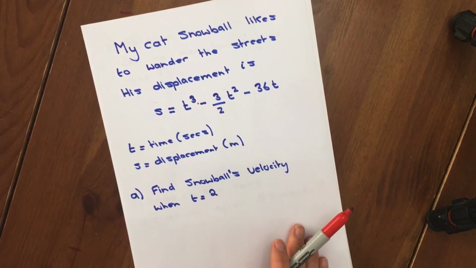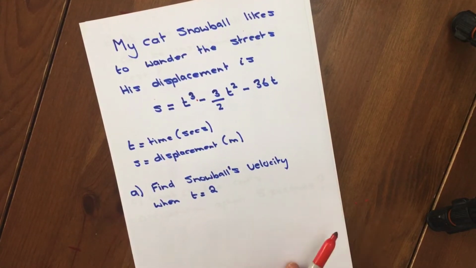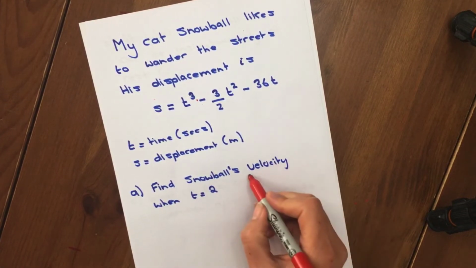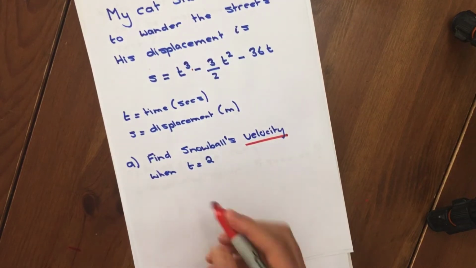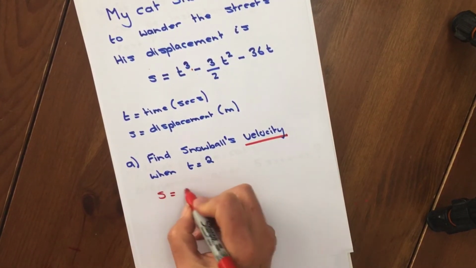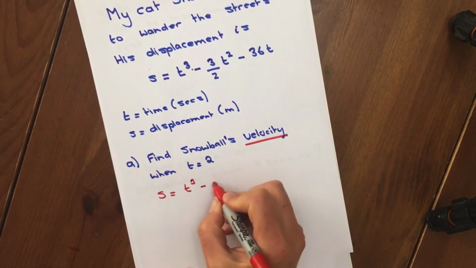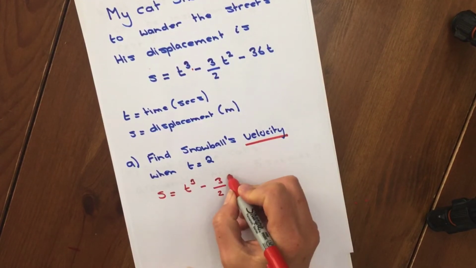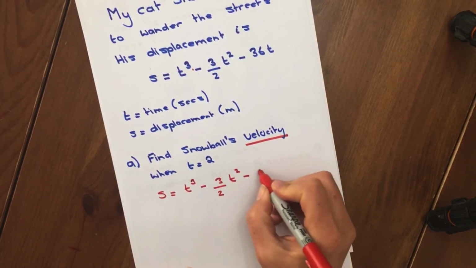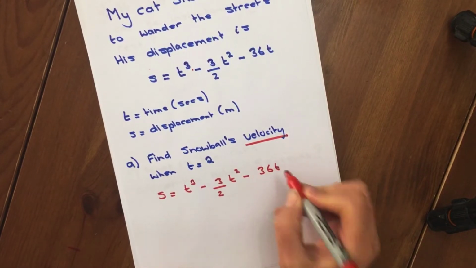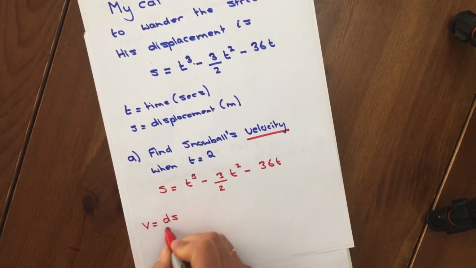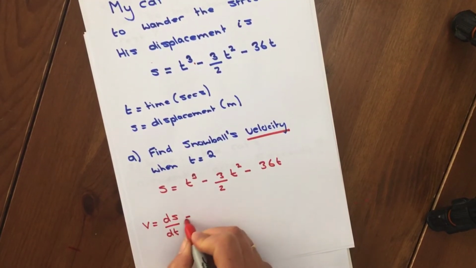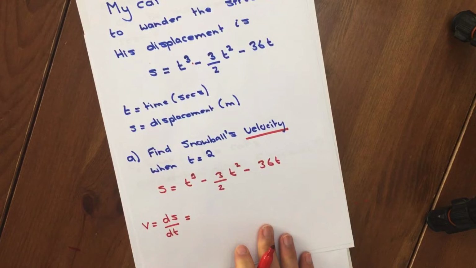Okay, so question A asks us to find Snowball's velocity when t equals 2. If I just write down the equation again for displacement, the first thing we're going to do to find velocity, well, we know velocity is the rate of change of displacement.